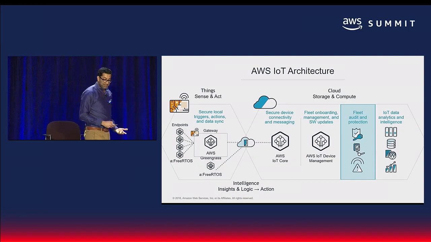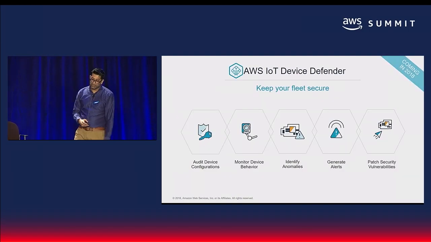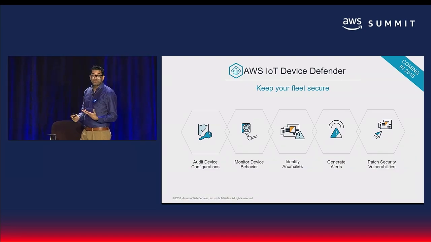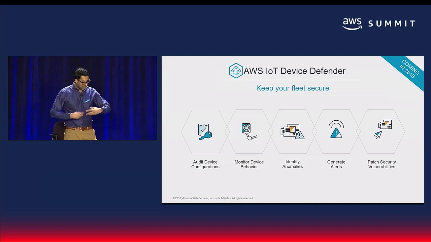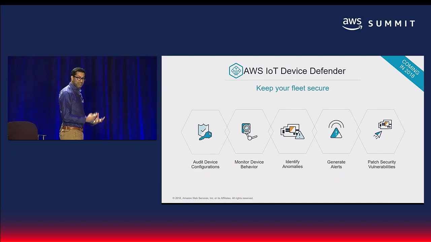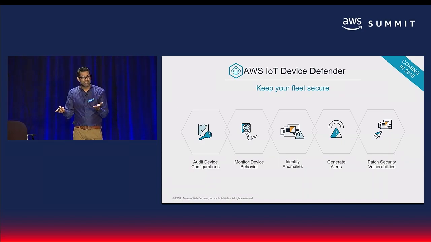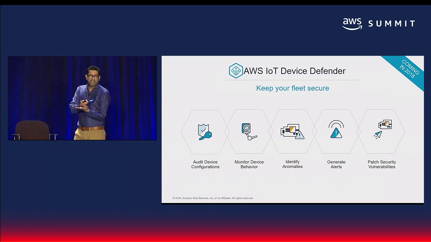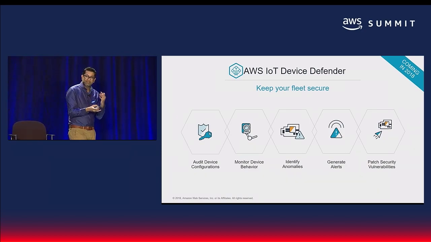The fleet audit and protection is a service we have called Device Defender. I like how it's coming in 2018, or we're in 2018. But again, it's a way to secure your devices. So you can set up audit device configurations, and those configurations can run against certain devices and see whether, this device looks like something's going on, let's take it offline, or let's change the certificate because the certificate is too old. Those are some of the audit configs you can set up.